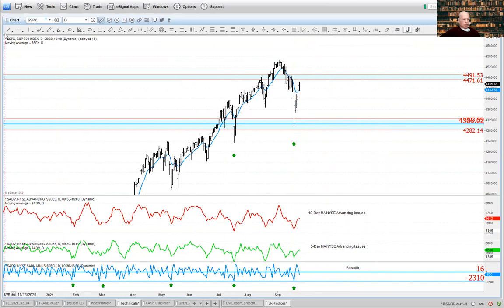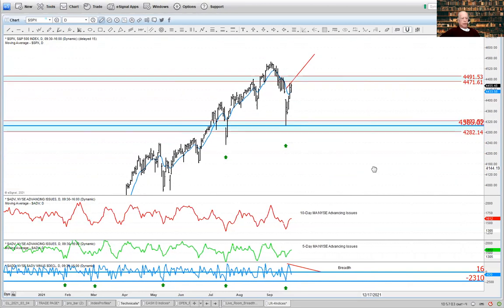So what usually happens, the typical pattern, is that price will work itself higher and breadth will be lower and lower as price goes higher and higher, until ultimately you get some sort of 2-3% pullback, similar to the ones that we have had over the past 18 months or so.